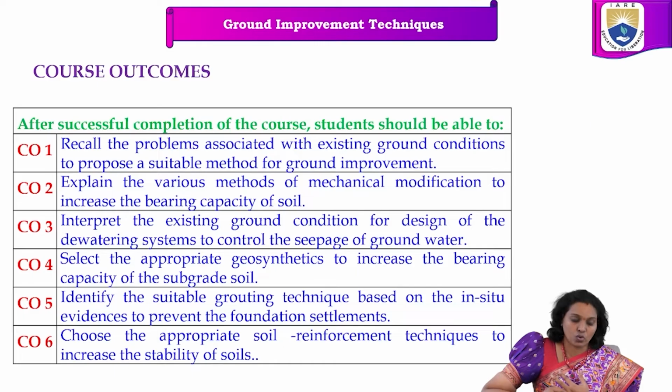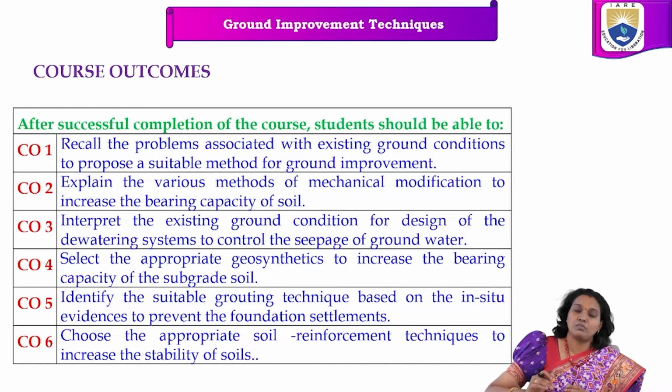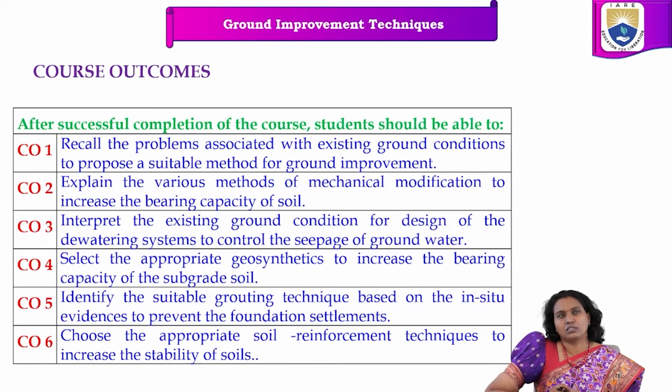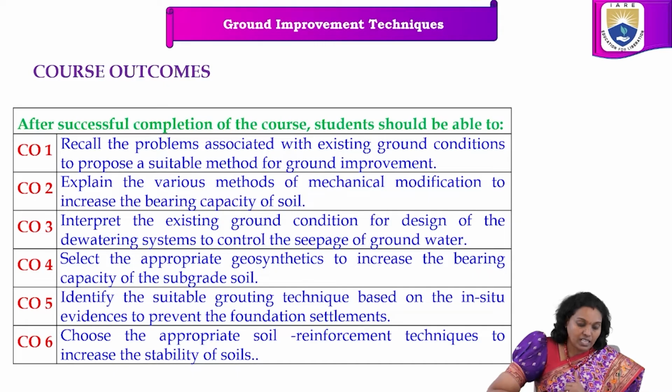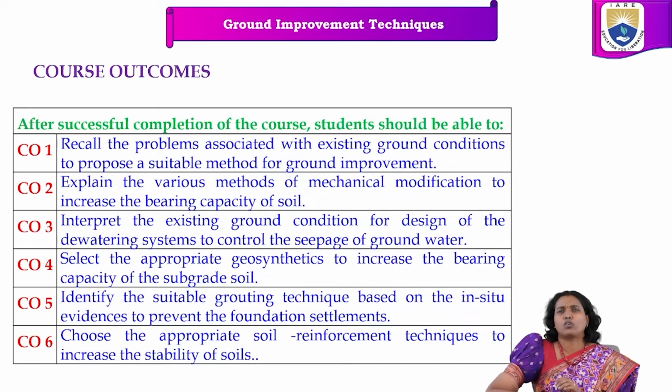After completion of the course, we are able to understand which of all those grouting techniques is suitable to prevent the foundation settlements, based on the situation we are facing, which type of foundation settlement situation we are facing. So we are going to identify a suitable grouting technique. Next, choose the appropriate soil reinforcement techniques to increase the stability of soils.